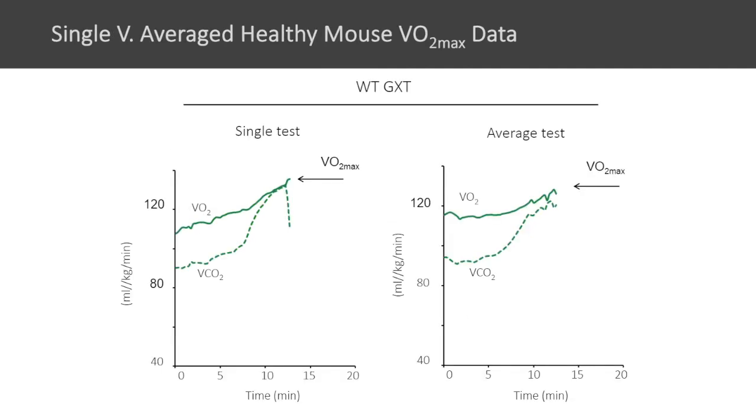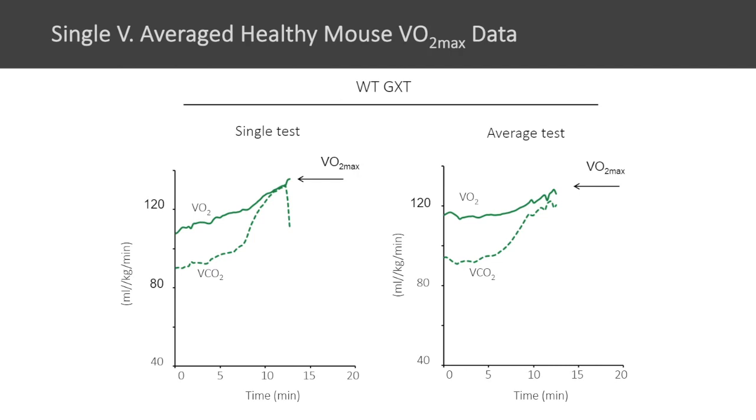Similarly, and this is an important thing to point out, I talked about how these two lines are coming together and meeting at the point of VO2 max, and then you can see the drop-off that's occurring. But as researchers, we often have numerous biological animals in an experiment. We average those data points and then create our average summary. And I think it's important to understand that if you are using VO2 max data to assess mouse cardiometabolic fitness, when you average the data, you do lose some information.